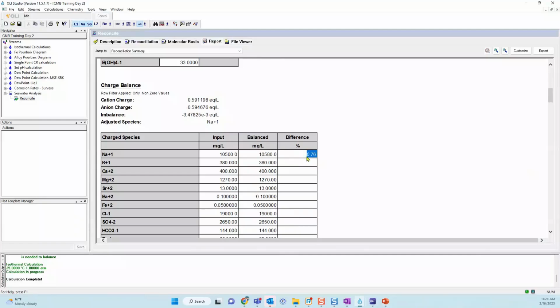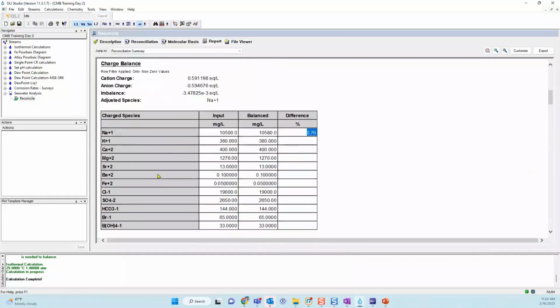That means that that water analysis is wrong and that you shouldn't be using it. Okay, always make sure that your difference here, this percentage difference, is less than 10%. If you have a huge number here, this will definitely not be representative of a good water analysis sample.